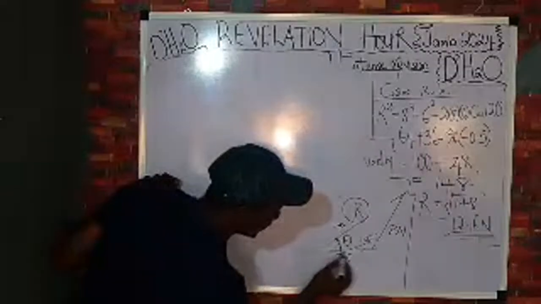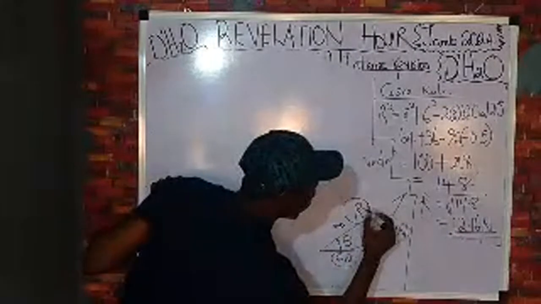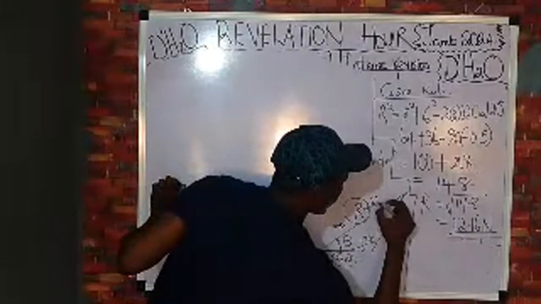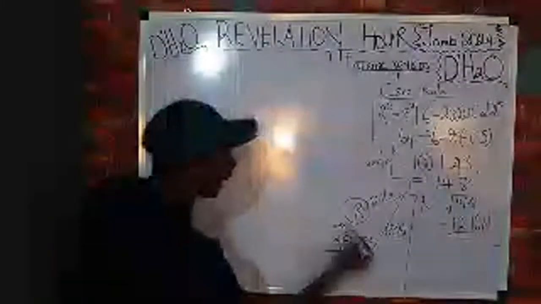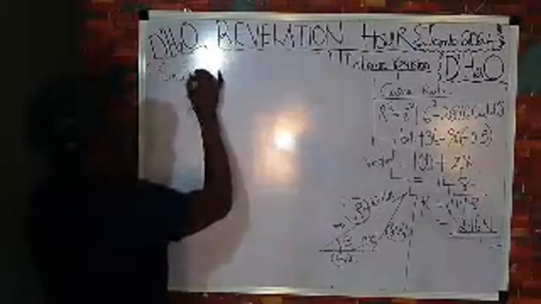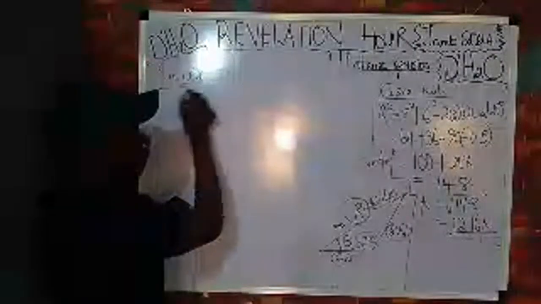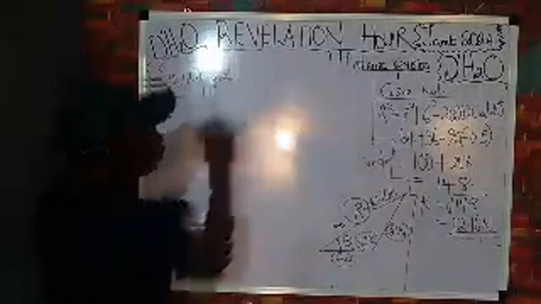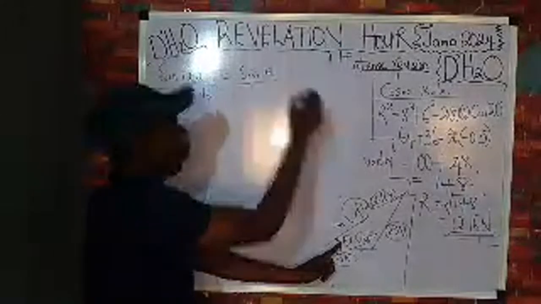This side is 6, this side is 8, and here is theta. My resultant is 12.16 Newton. So sine 120, that is sine of this angle, over the side here, 12.16, equals sine theta over the side that faces it, 8.